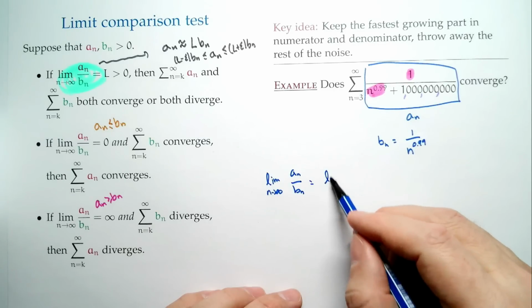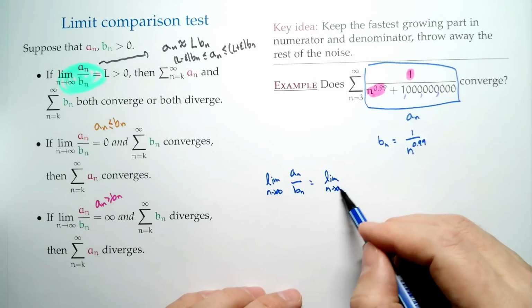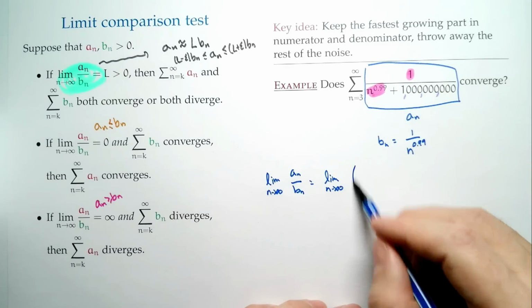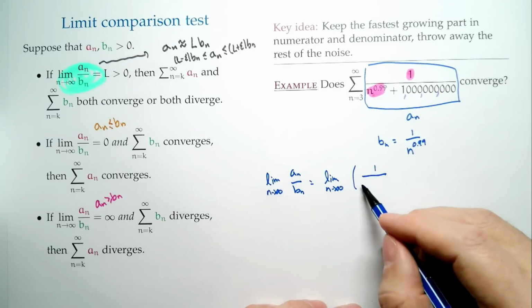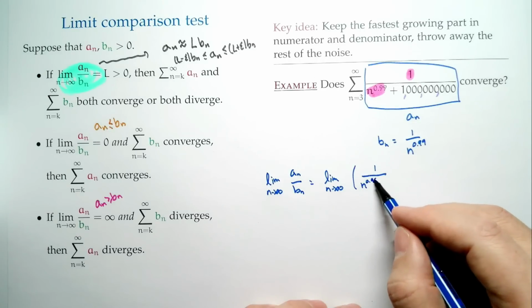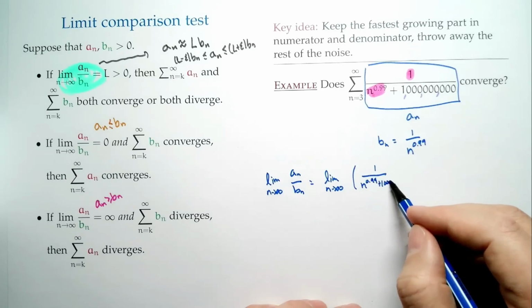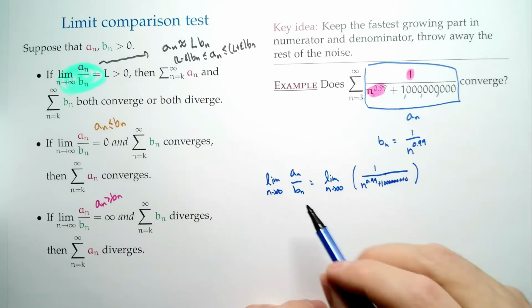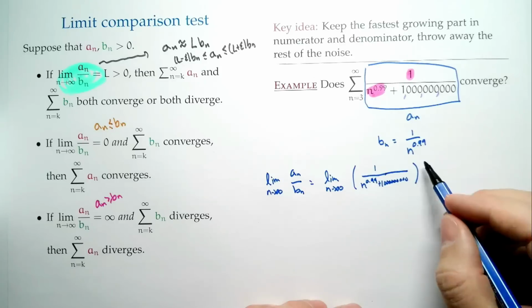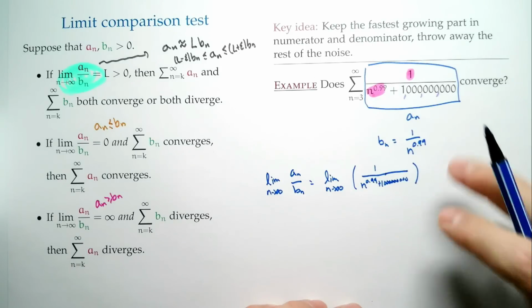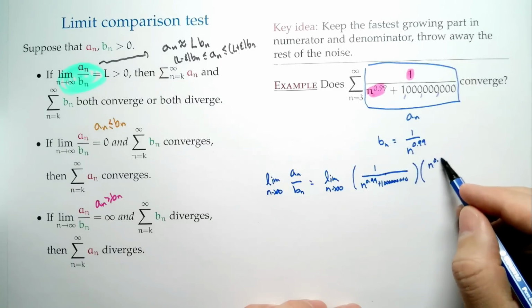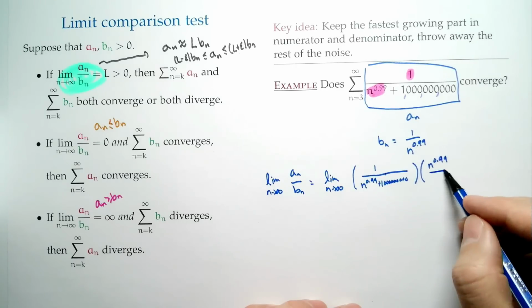Okay, so that's the limit as n goes to infinity of, well, a sub n, that's 1 over n to the 0.99 plus a billion, and divided by b sub n. Since I'm dividing by b sub n, I can think about flipping b sub n. So that's n to the 0.99 over 1.